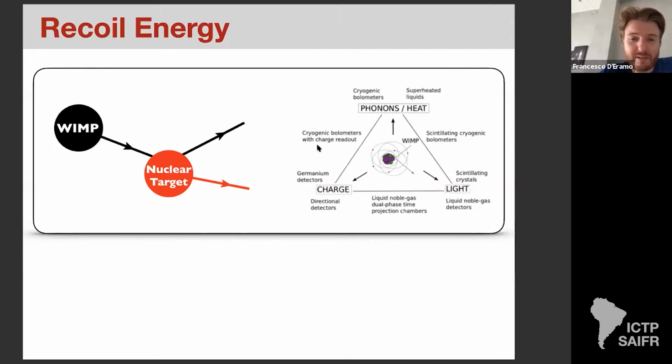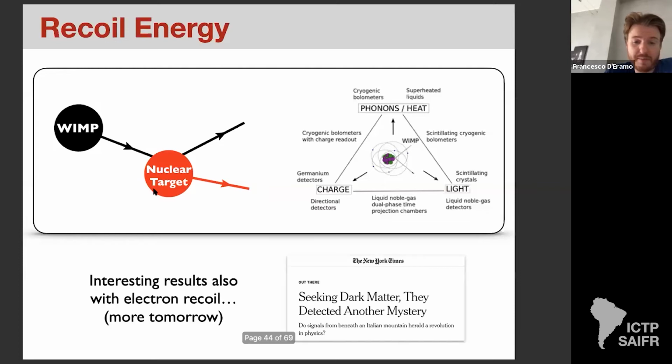These are very, very sophisticated experiments, and it's really amazing what they're doing. So you can either have electric charge, you can generate phonons in the material, you can have light, like emission of photons inside the detector, and then from this signal you reconstruct the recoil energy, which is the energy and the momentum exchange in this collision here.